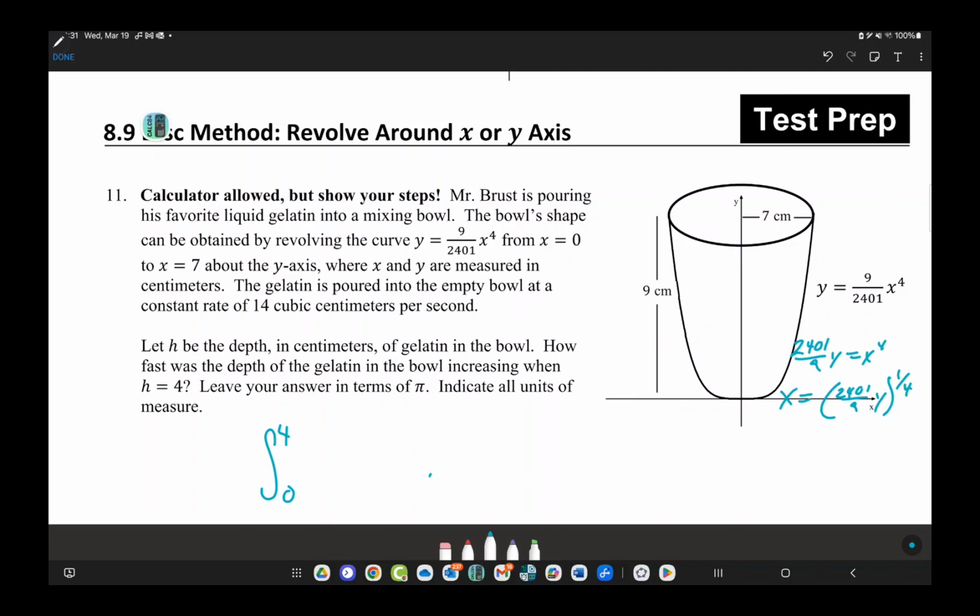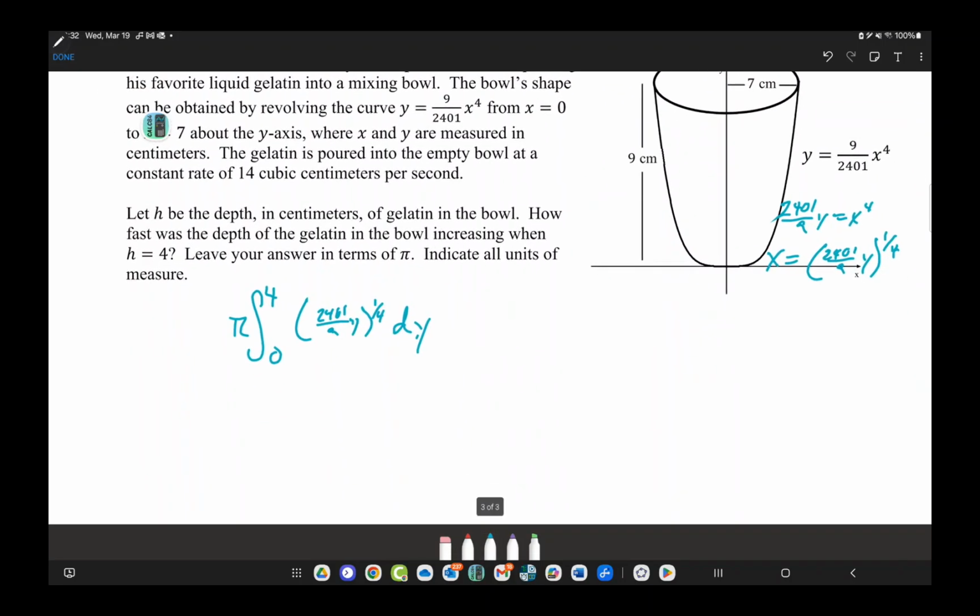So this gives me what? Pi, 2401 y to the 1/4 dy, squared.